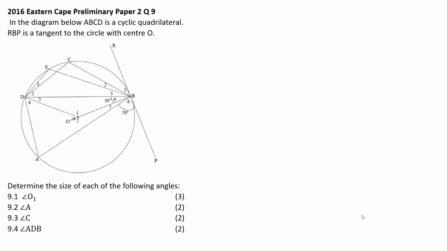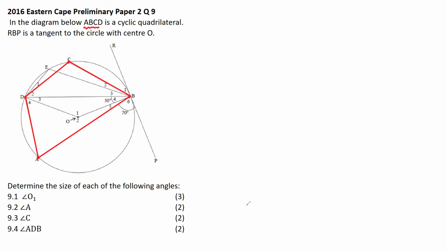In the diagram below, A, B, C, D is a cyclic quad. So these are keywords, A, B, C, D. So there's my A, there's my B, there's my C, and there's my D. I want you to remember that a cyclic quad is a four-sided shape where its points are on the circumference.